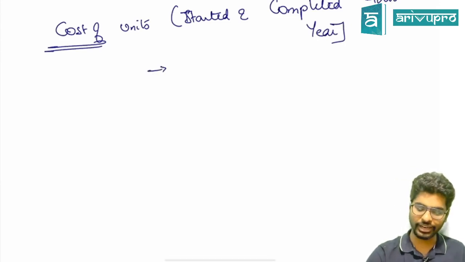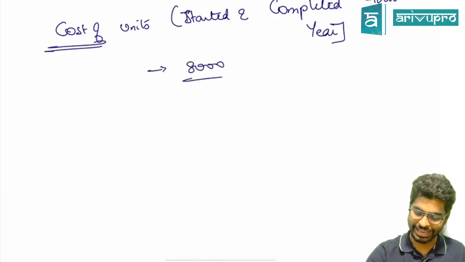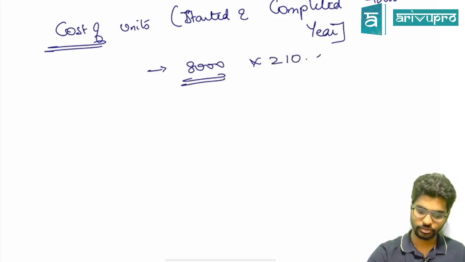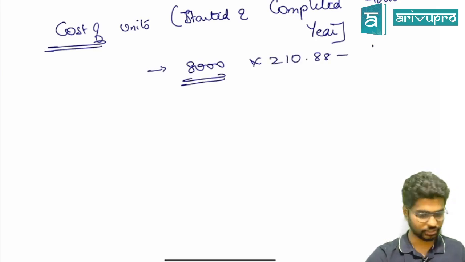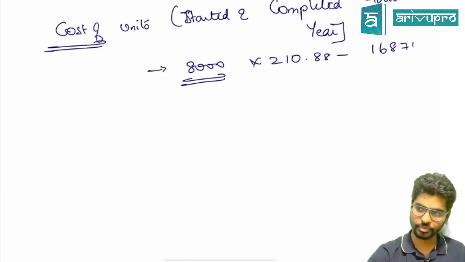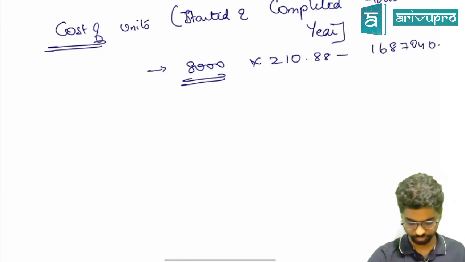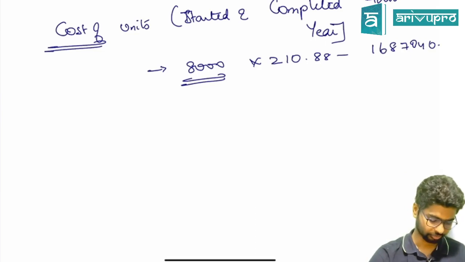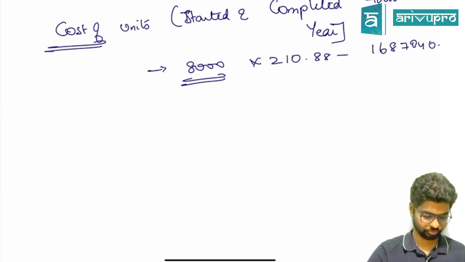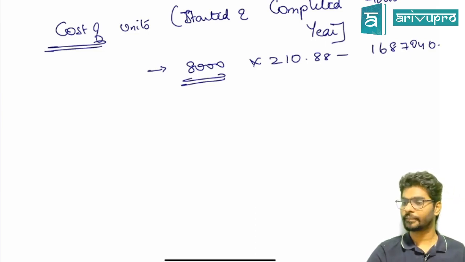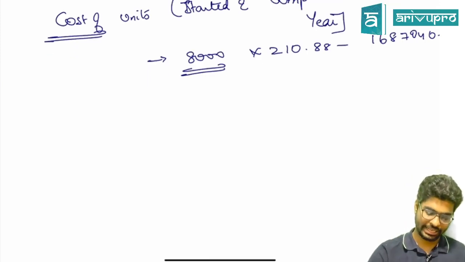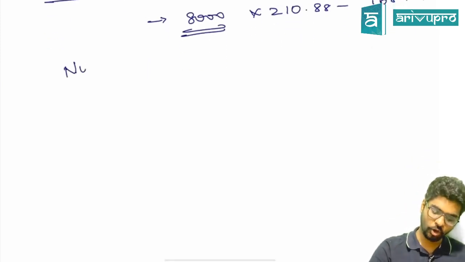The units started and completed this year, can I say is 8,000 units? Guys, done? Next one, what is going to be my cost of normal loss?